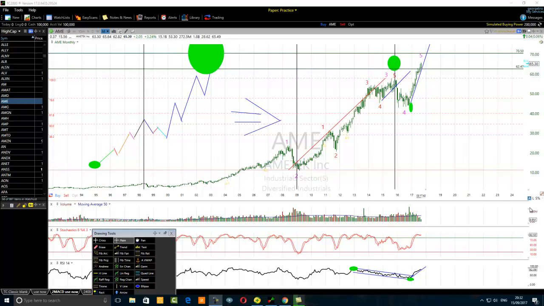That is the reason why we say that the second wave should not come all the way to the starting point of the first wave. That is the reason why we say that the fourth wave should not come below the 50% or the 61.8% Fibonacci retracement of the third wave.